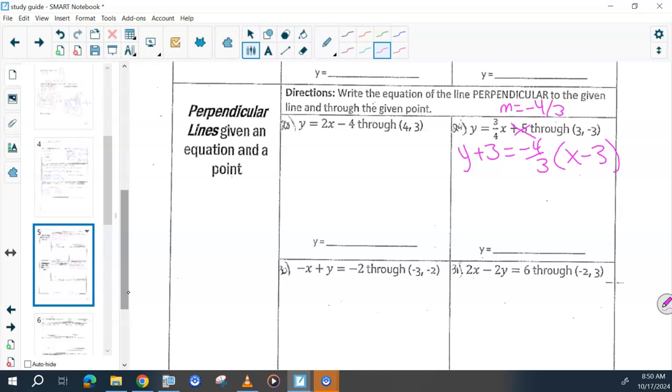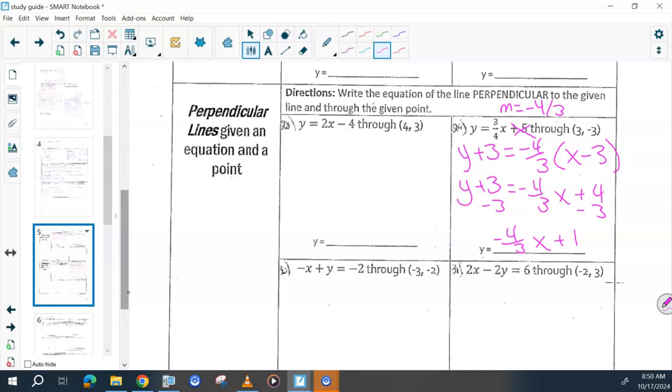And distribute and solve. So our final equation would be y equals negative 4/3 x plus 1, sorry. And I can tell those are perpendicular because of their slopes.